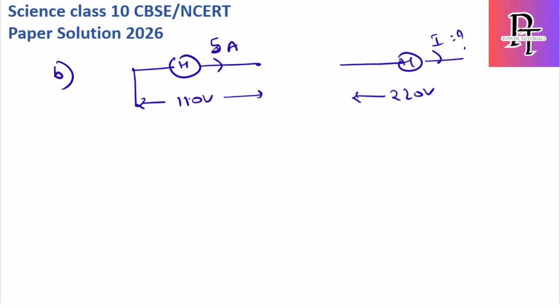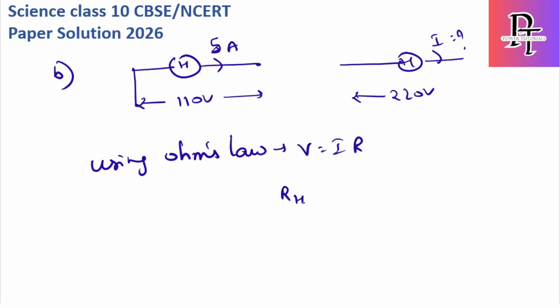If you notice, the heater is the same in both conditions, so the resistance of the heater will remain the same. So using Ohm's law, V equals IR. So R of heater is equal to voltage of heater by current of heater. The voltage of heater in the first case is 110 volts, and current of heater is 5. So the resistance of heater is 22 ohms. This is case 1 and this is case 2.